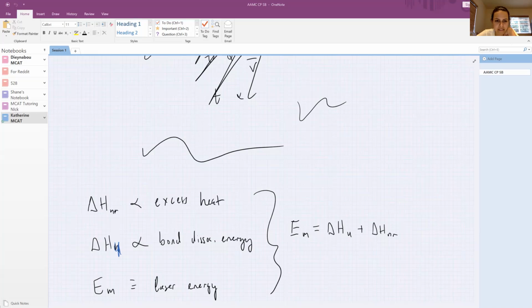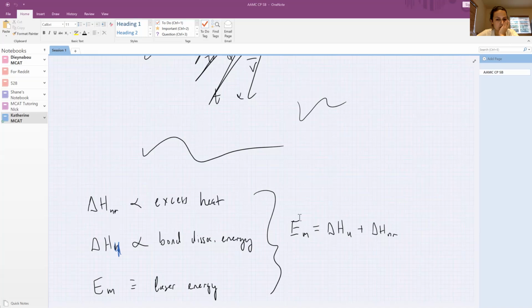Now, where is that excess heat coming from? It's coming from the laser. So whatever is not being used turns into heat, pretty much. So basically the laser is going to be the thing with the highest energy. It's going to be higher than what's required, and it's that for a reason, because that's how we measure.